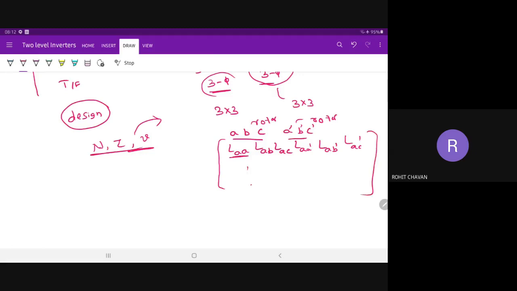LAA is the self-inductance of the A phase of the stator. LAB is the mutual inductance between the A phase and B phase, and A phase and C phase in the stator. Then there are stator A phase and rotor A phase, stator A phase and rotor B phase, stator A phase and rotor C phase. Similarly, this matrix becomes a 6 by 6 matrix.